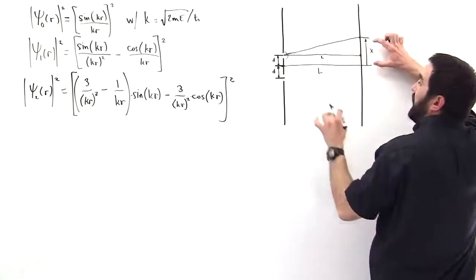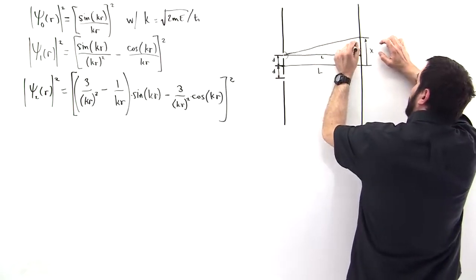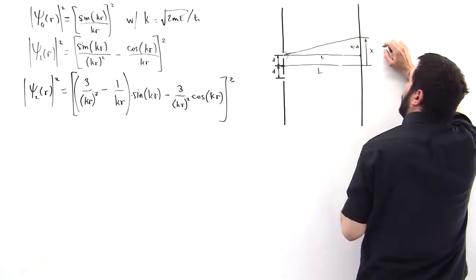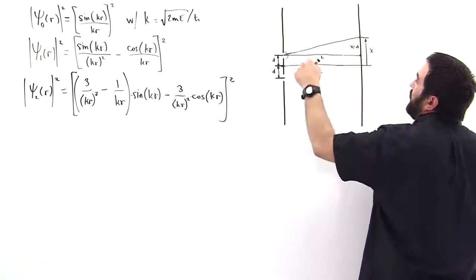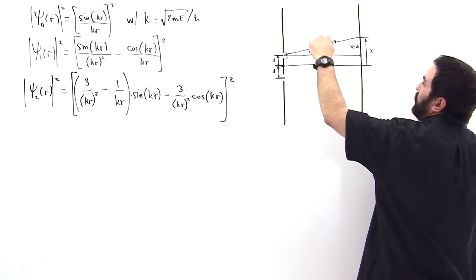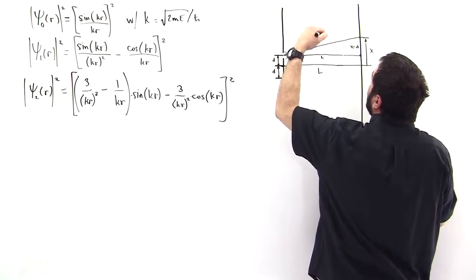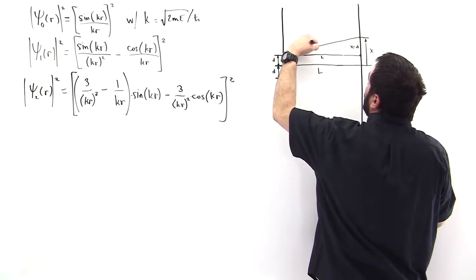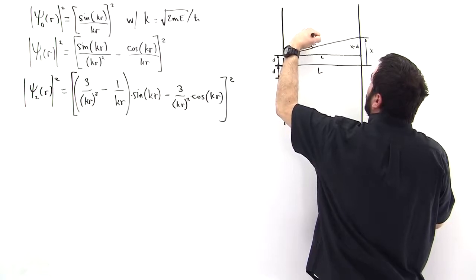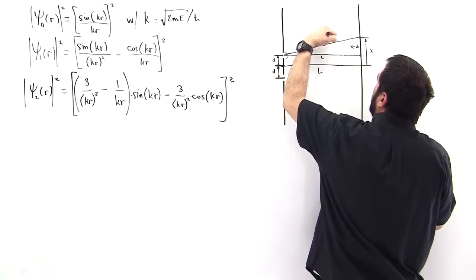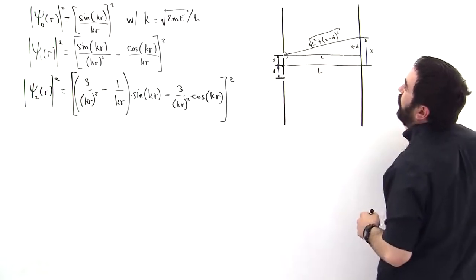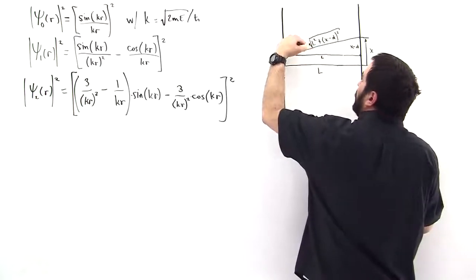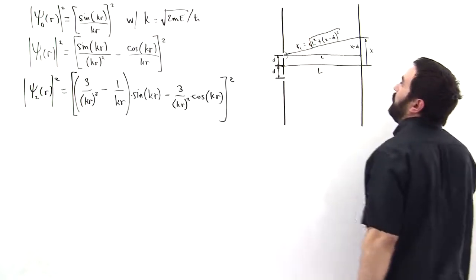Well, it's X minus D. So this is X minus D. And so if we do L squared plus X minus D squared equals C squared, then this over here is going to be equal to the square root of L squared plus X minus D squared. And that is R1.